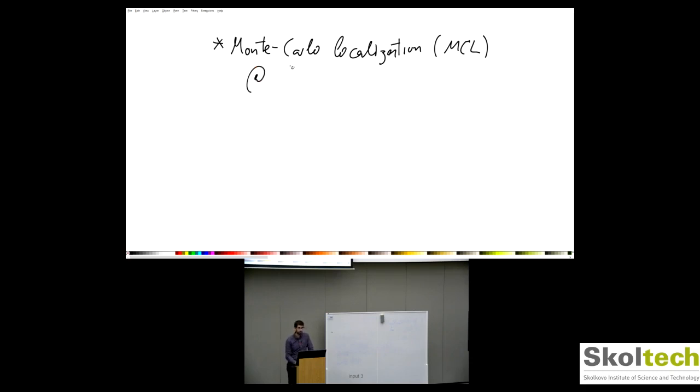There's a folder in Canvas on readings, so you can take a look at this work by Dellaert and others from '99. It's basically explaining how to use particle filters for the problem of localization.